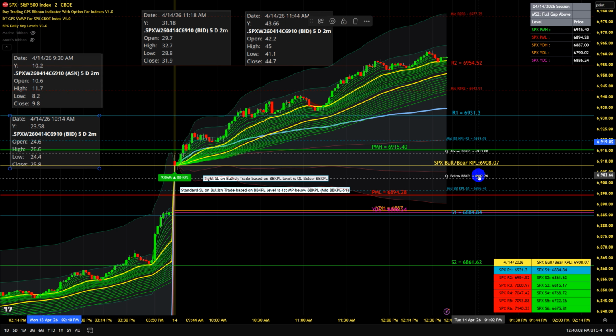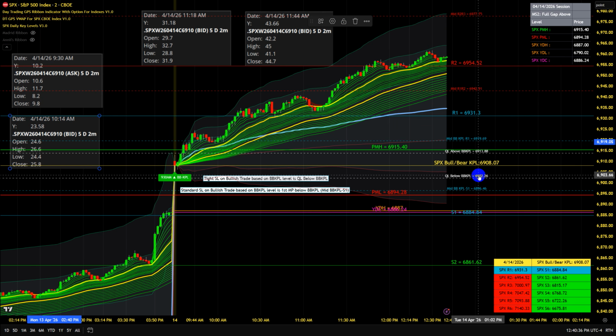The Daily Key Levels option trading strategy for SPX is bullish entries on closes above any one of the main key levels or contextual key levels, and bearish entries on candle closes below any of the main key levels or contextual levels.